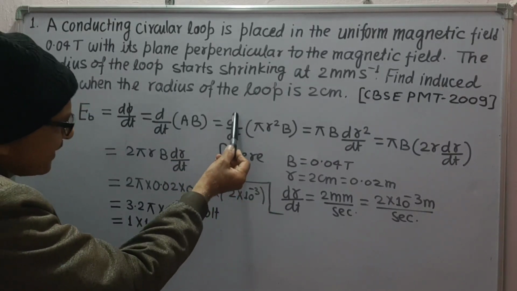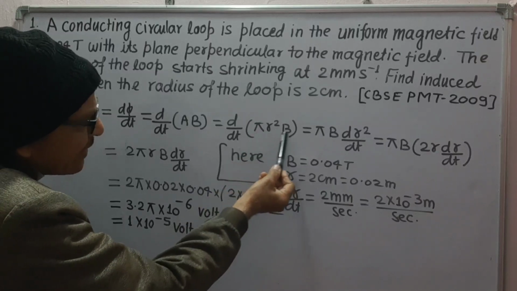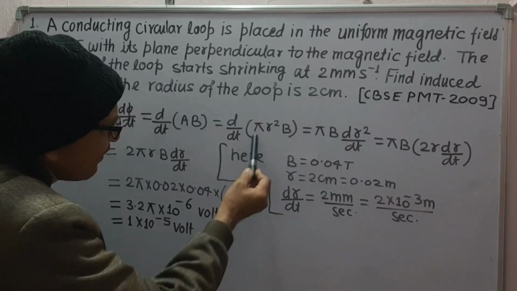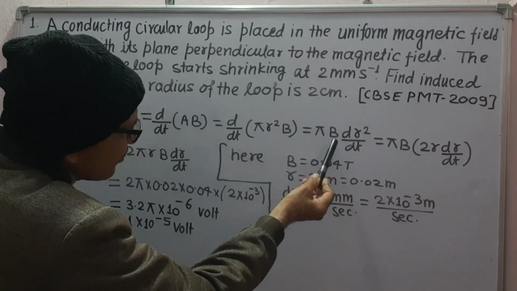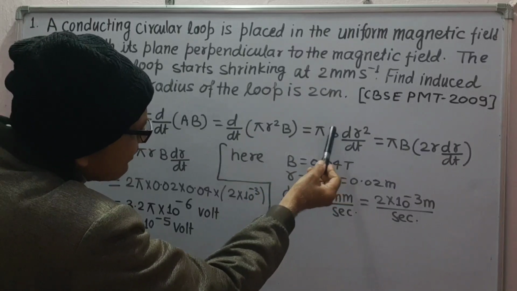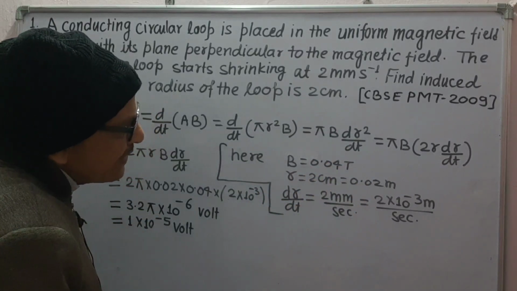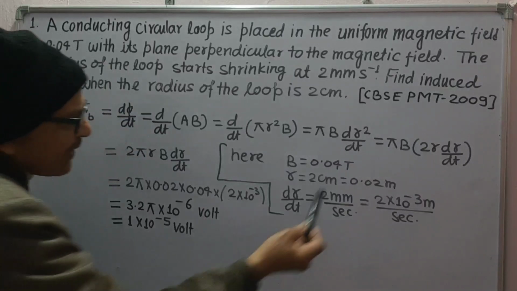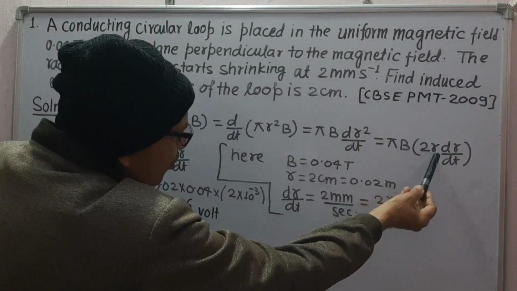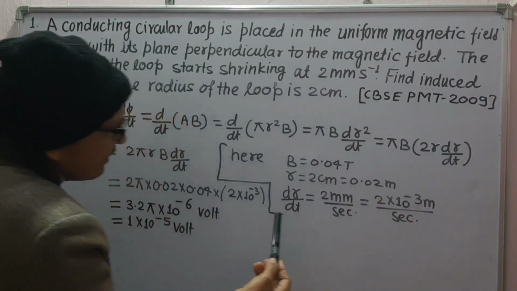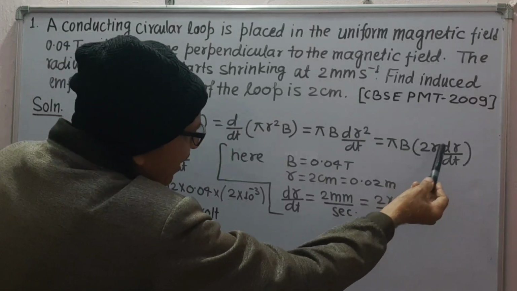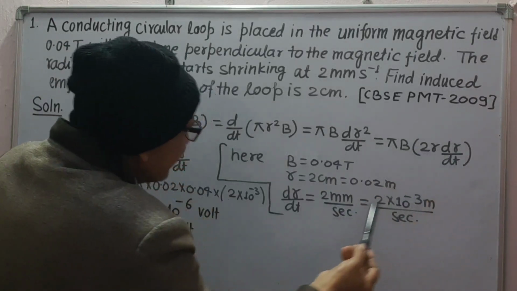So, it is d upon dt into pi r square into B. Pi into B are constant. So, this becomes pi B into d r square upon dt, which gives pi B into 2r dr upon dt.